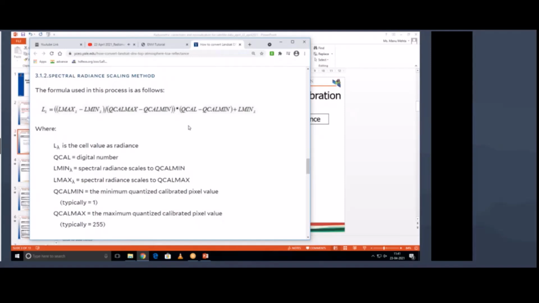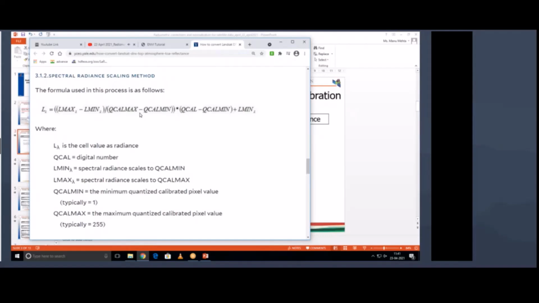Now, what are these quantities? Q cal min and Q cal max are the minimum and maximum quantized calibrated pixel values. Corresponding to the sensitivity of the detector, you will have a range of these values.